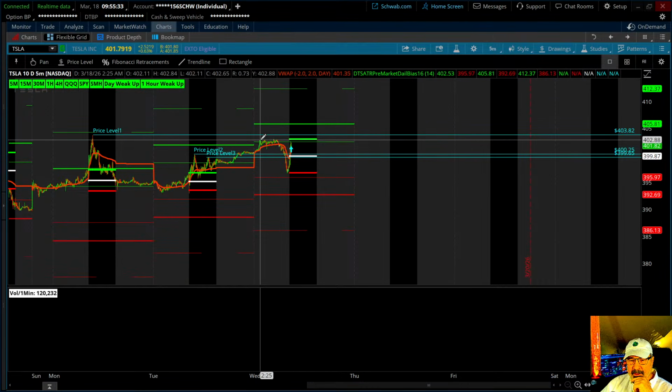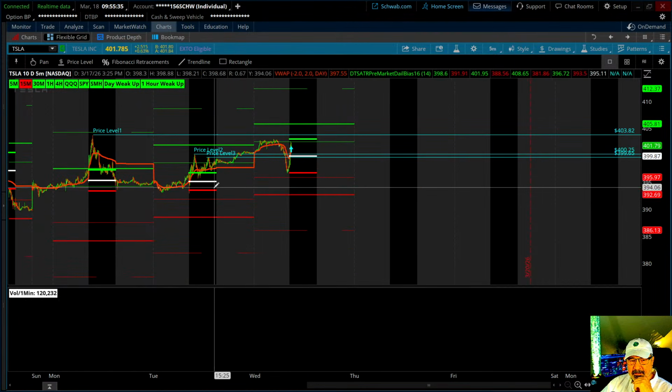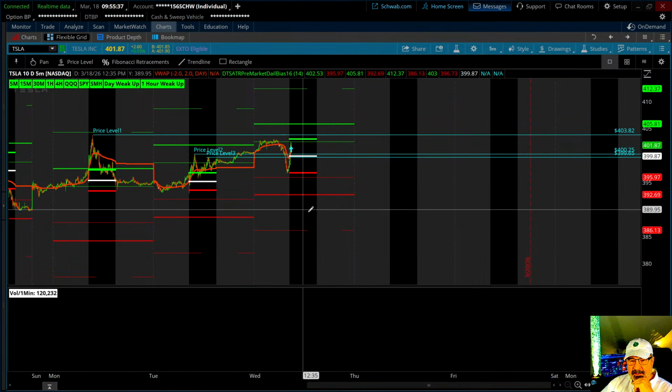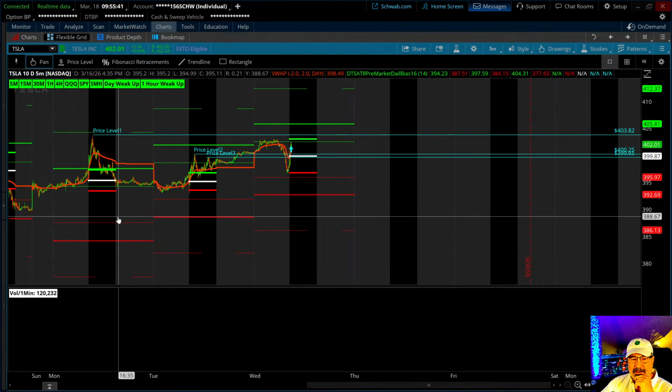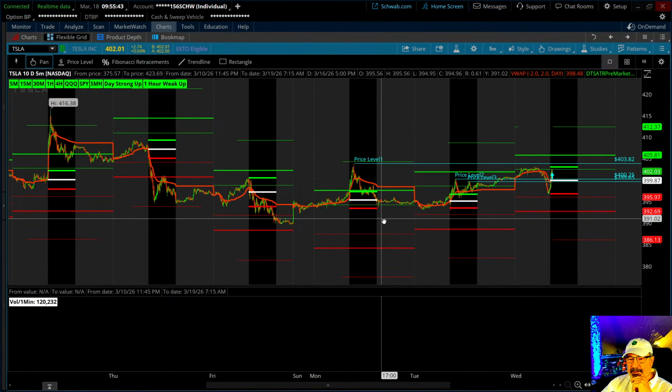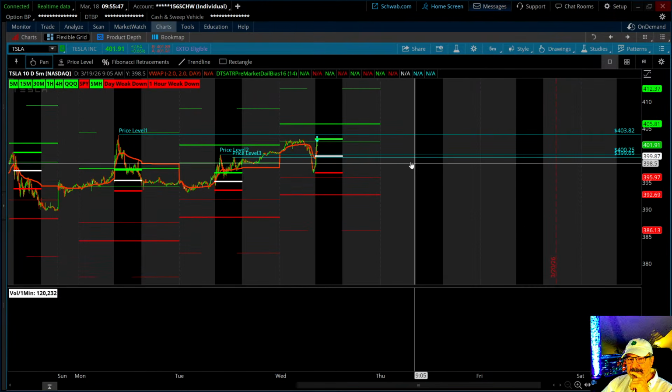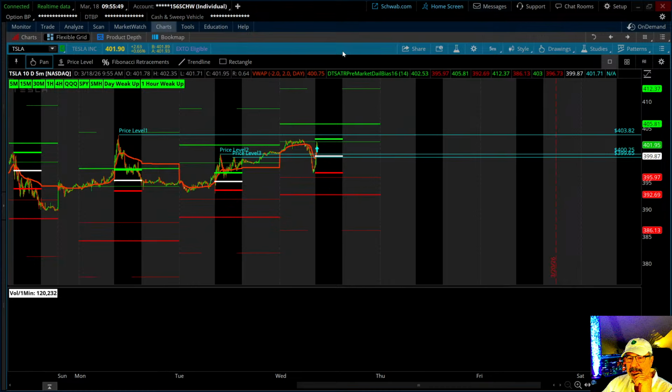There's all our pre-market, but I've got that marked on the chart already. So we don't have a lot of levels here to mark on recent data. Now, 416 just a few days ago.